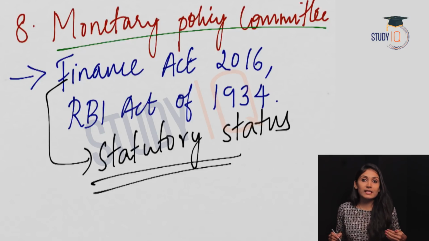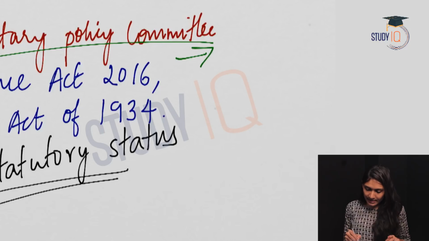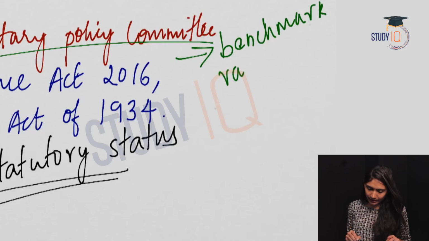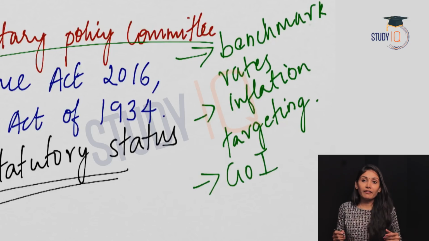Finance Act 2016 has amended the Reserve Bank of India Act of 1934. You must remember this point. The main objectives of the Monetary Policy Committee are to set benchmark rates of interest and also to make the inflation targeting. The Government of India fixes the benchmark rates and the inflation targeting in consultation with the RBI or with the Monetary Policy Committee.